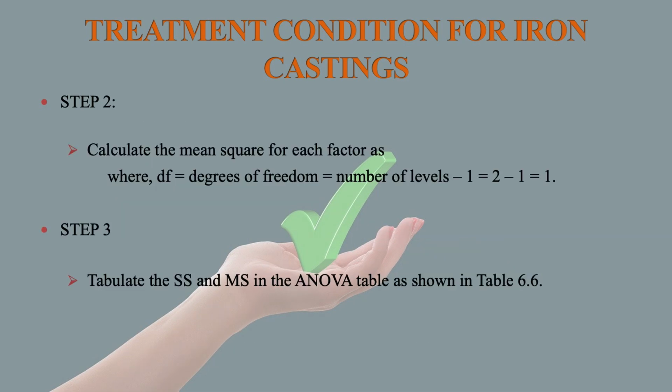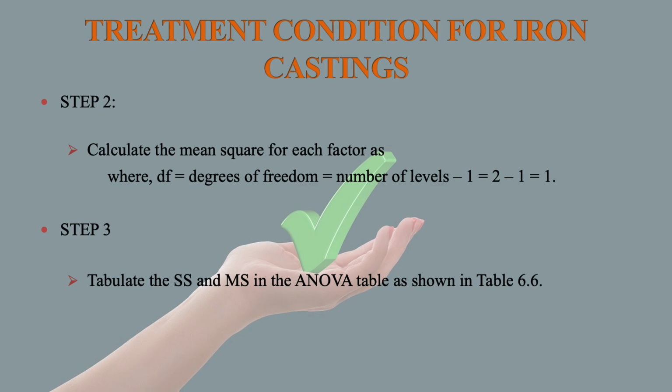In step 2, calculate the mean square for each factor, MS equal to SS by degrees of freedom, where degrees of freedom is equal to the number of levels minus 1. Here we have taken 2 levels, low and high, so 2 minus 1, that is, degrees of freedom equal to 1.